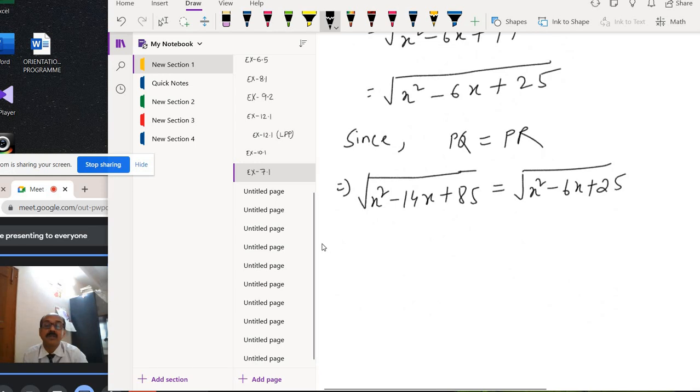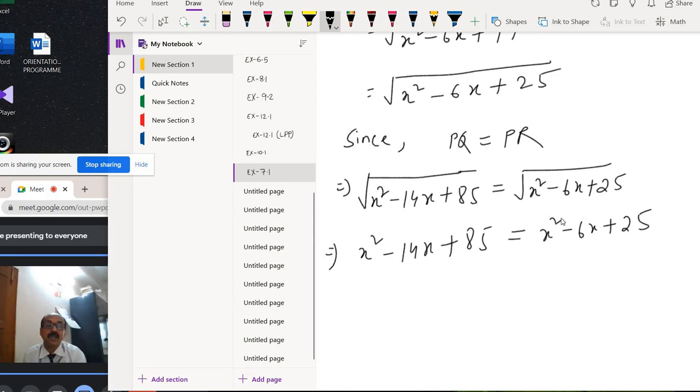Squaring both sides, x square minus 14x plus 85 equals x square minus 6x plus 25.